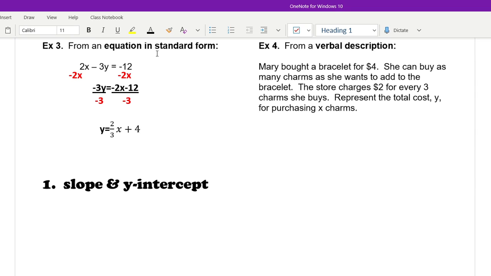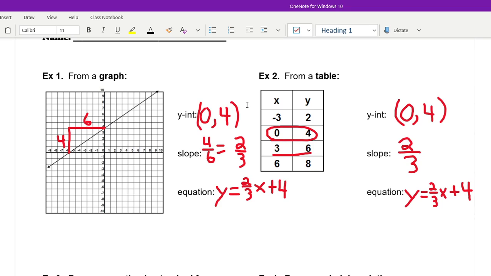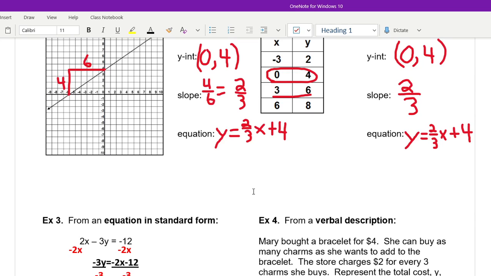The standard form that we had, 2x minus 3y equals negative 12, was the standard form of our graph or our table. All three of these go together. So we can see our different equations in different formats.